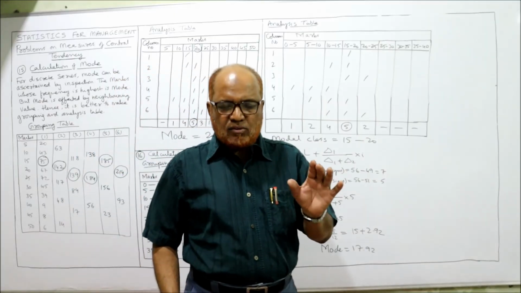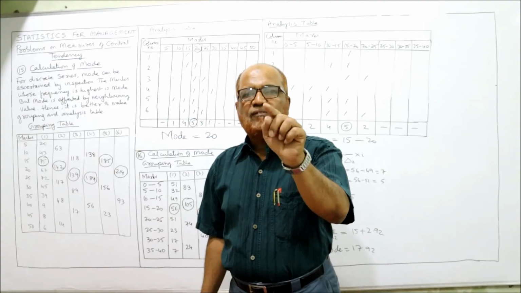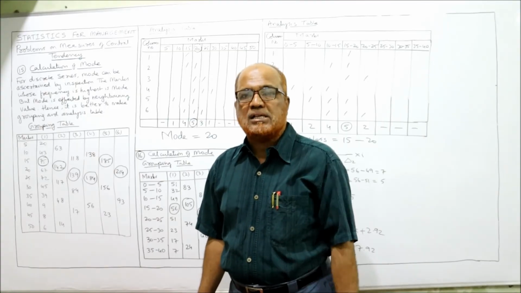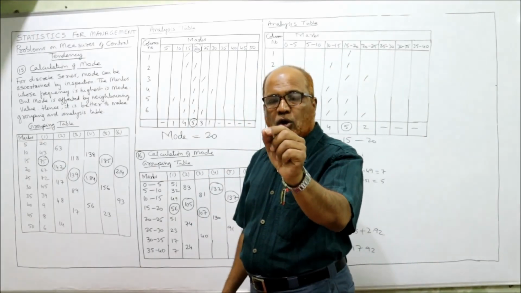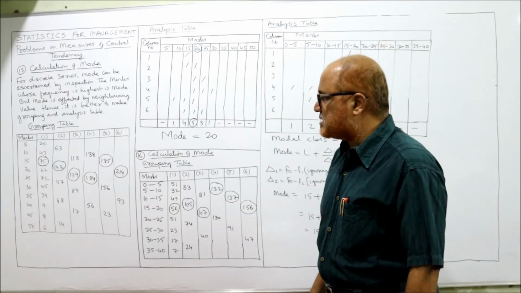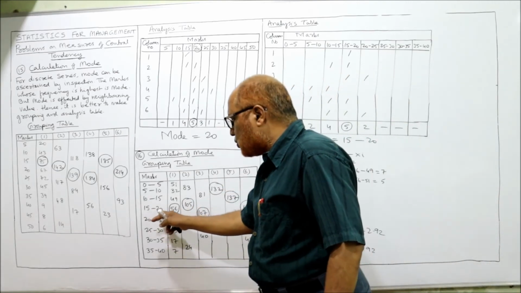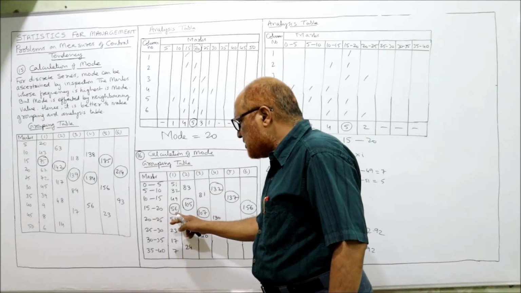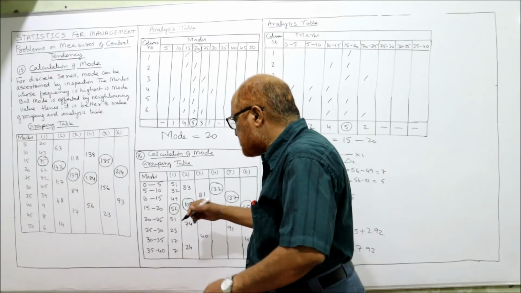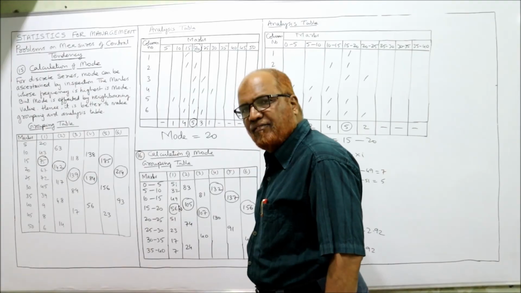First of all, imagine what is F0, F1 and F2. F0 means the frequency of the modal class. Write it down in your notebook. Which is the modal class here? 15 to 20. So the frequency is 56. This 56 is F0.